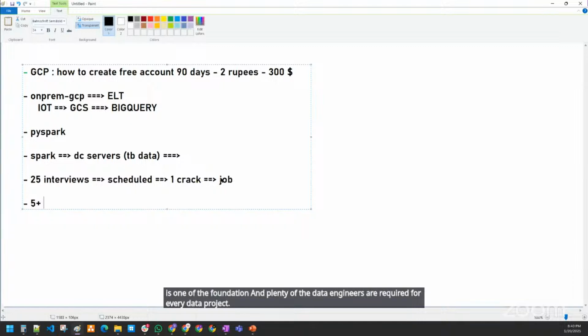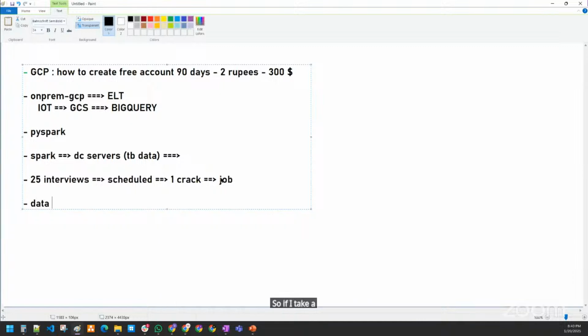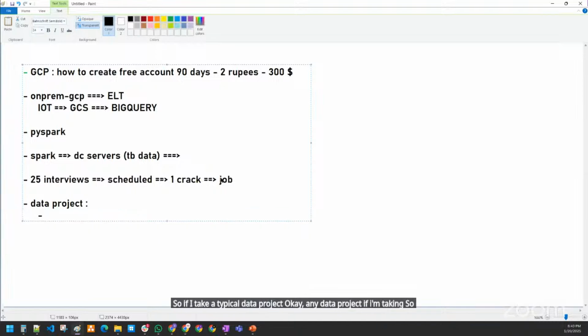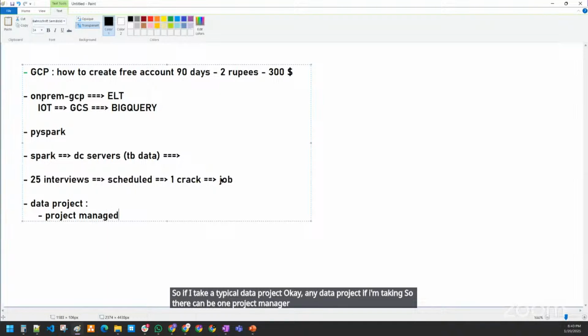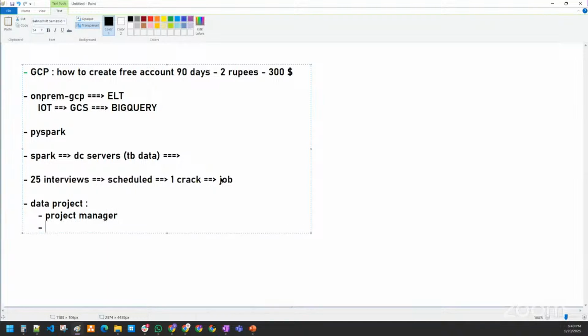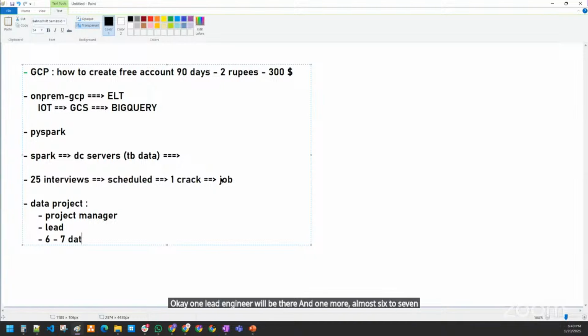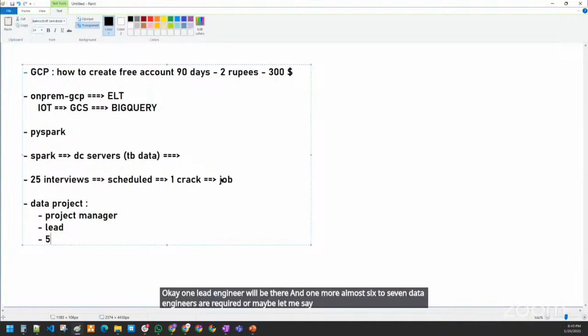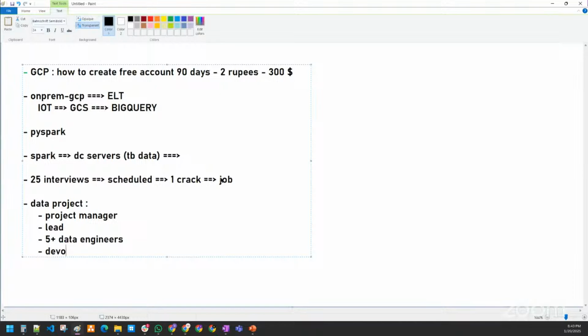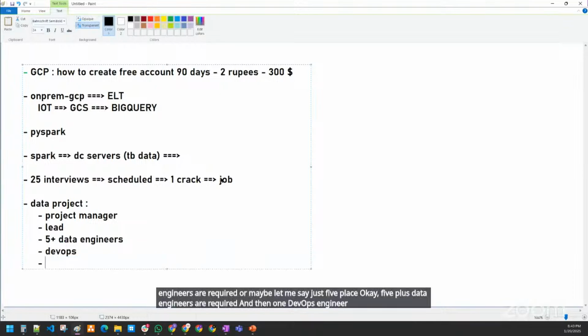If I take a typical data project, there can be one project manager, one lead engineer, and almost 5-plus data engineers required, then one DevOps engineer and one Power BI or visualization engineer, or BI engineer.